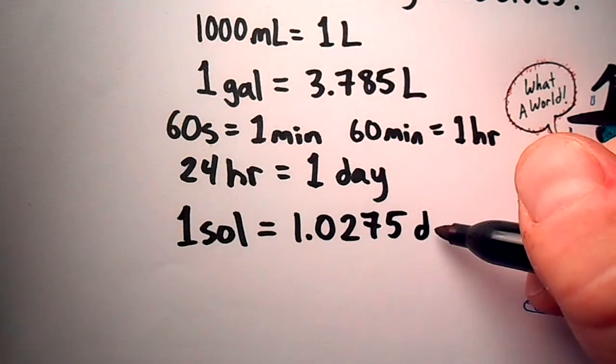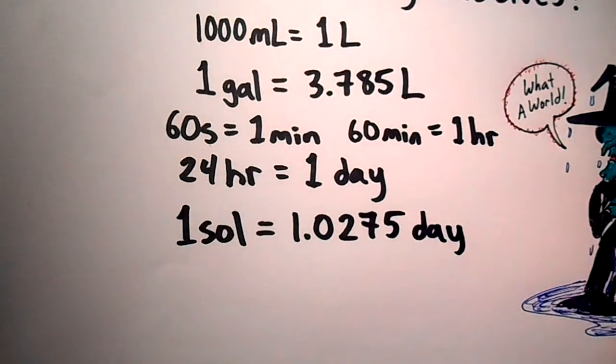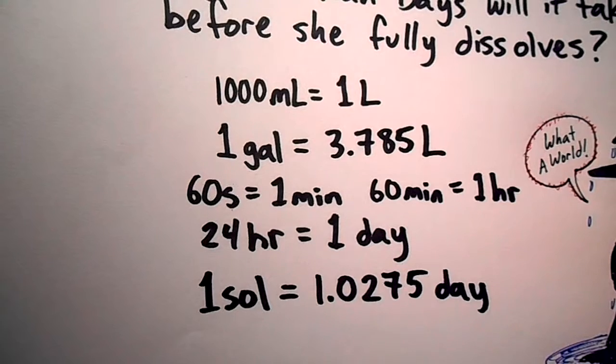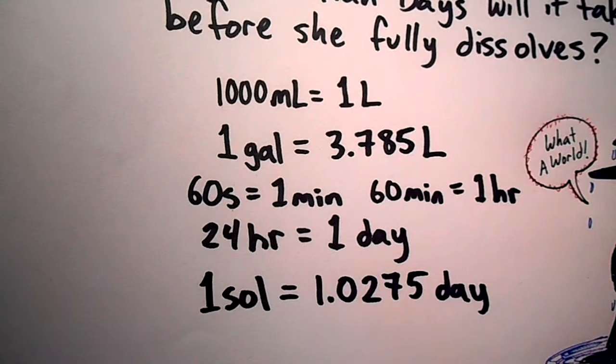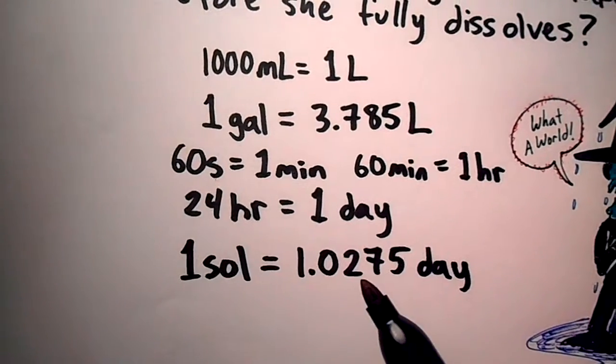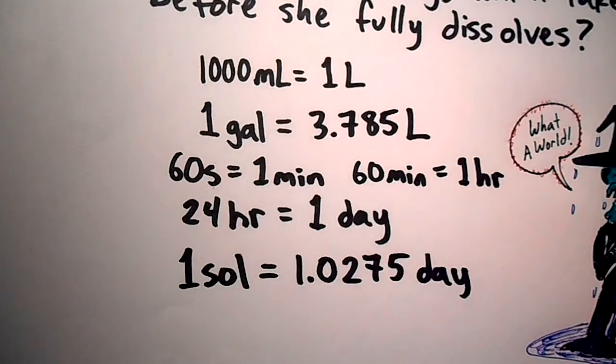You can actually get even more specific than that. So it's kind of convenient. If we ever colonize Mars, which would be pretty sweet, the amount of time it takes for 1 Martian day compared to 1 Earth day, Martian day is just a little bit longer. You could use that extra 0.0275 to just get some extra sleep.